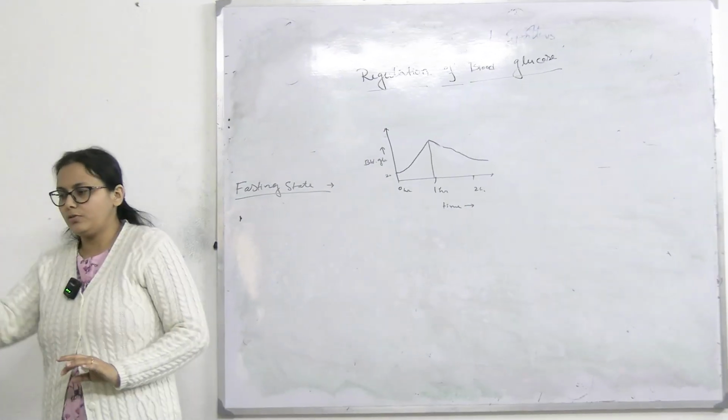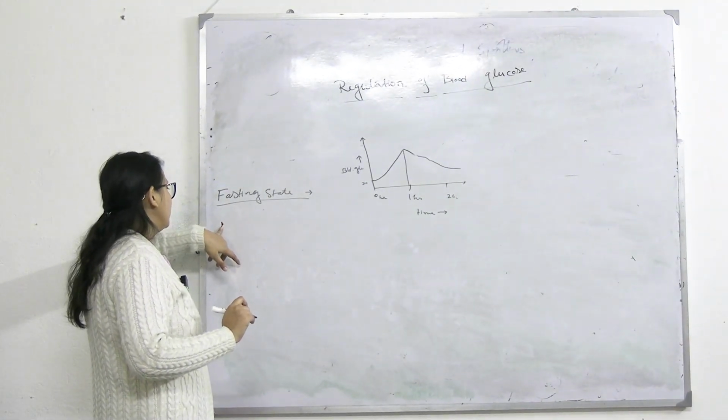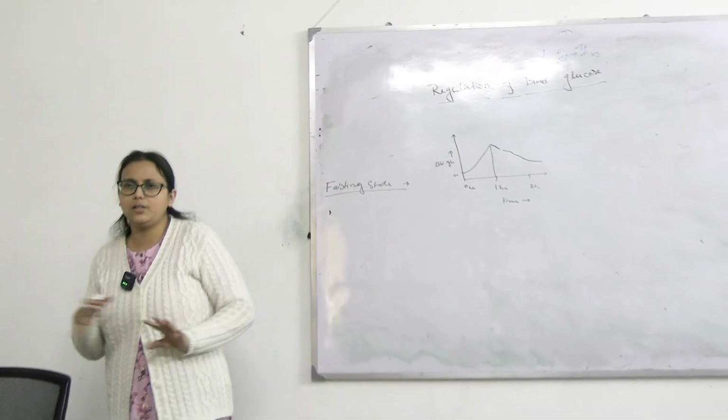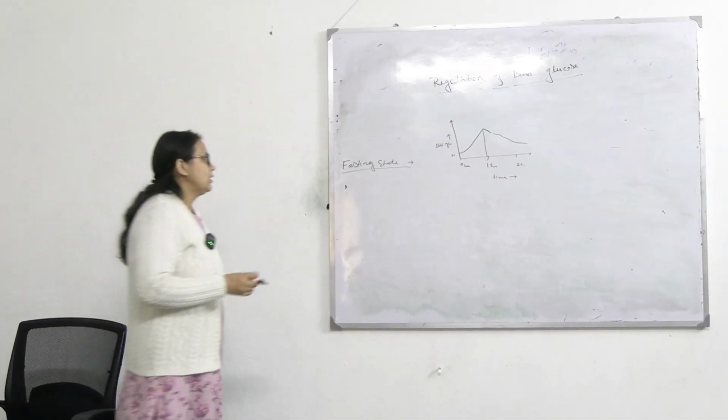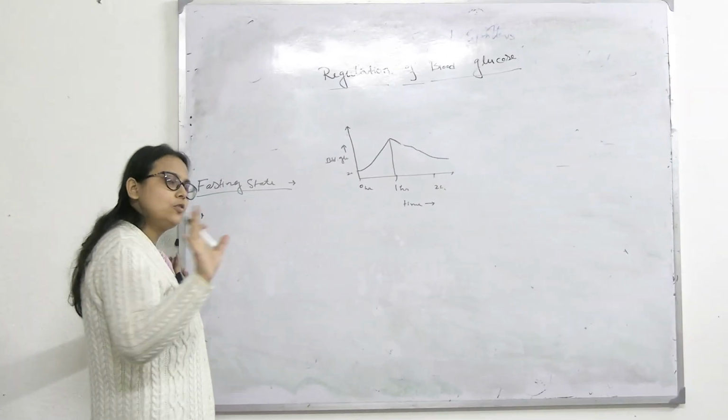In our laboratory, the patient is asked not to take any food for 8 to 10 hours. Then the sample is called a fasting sample. But in general, if we don't take food for 4 hours, the fasting state has already started. For clinical sample collection, the guideline is 8 to 10 hours.